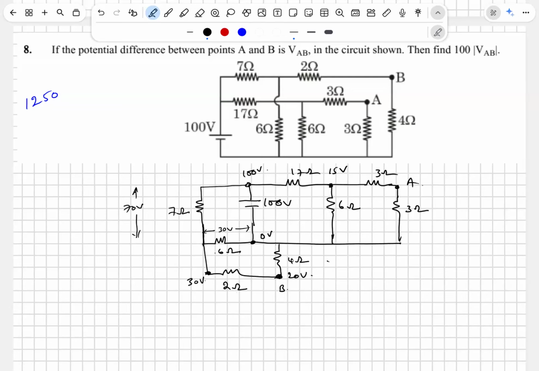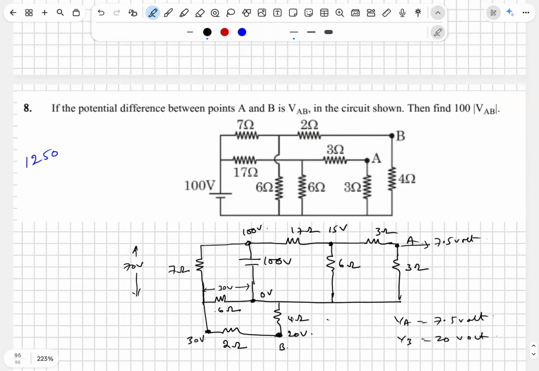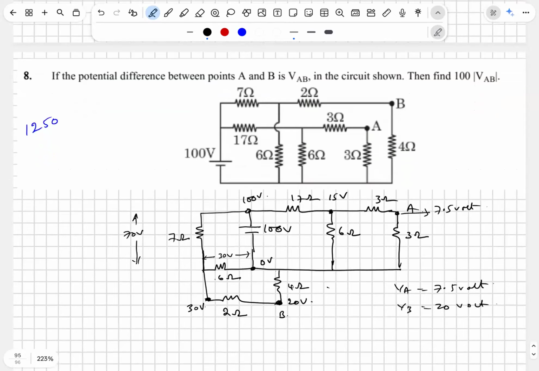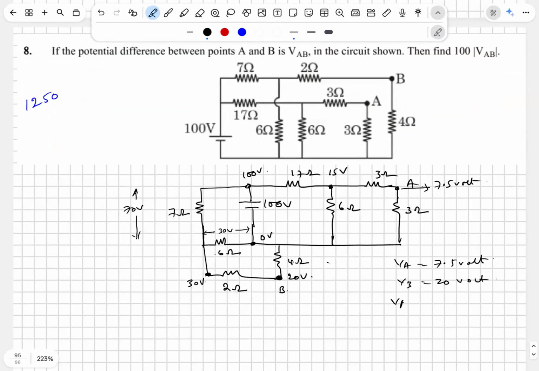Again 15 volts equally distributed across 3 ohm and 3 ohm. So VA is 7.5 volt. VB is 20 volt. Then VA minus VB magnitude is 12.5 volt. You want 100 times of this, 1250.